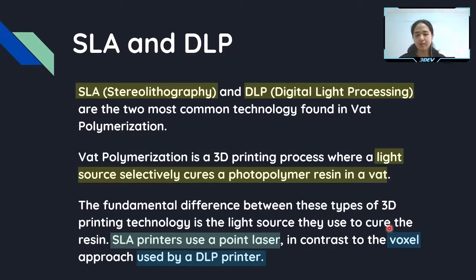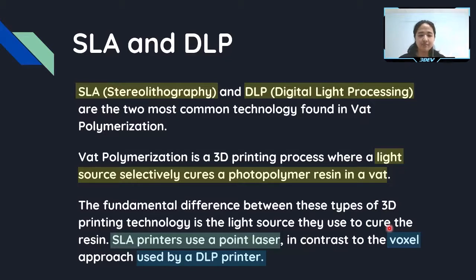So how does wet polymerization go? Wet polymerization is a 3D printing process where a light source selectively cures the photopolymer resin in the vat. The vat is basically a tank where you put your resin, your material.